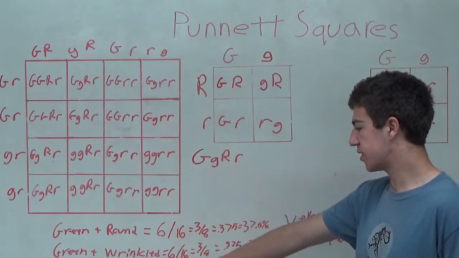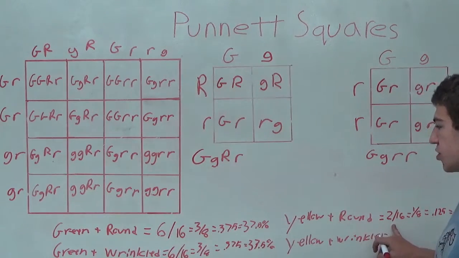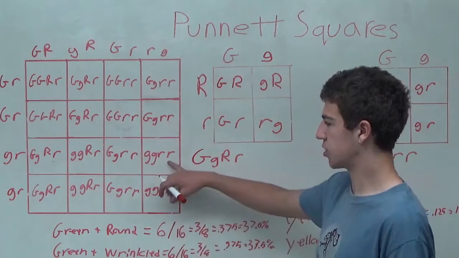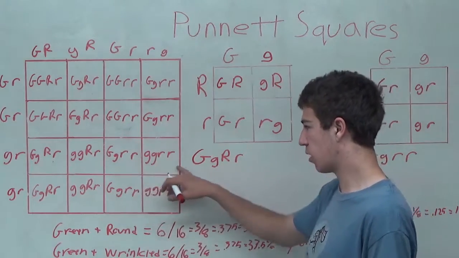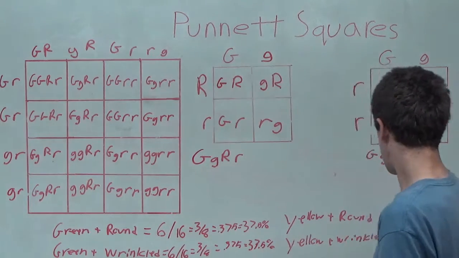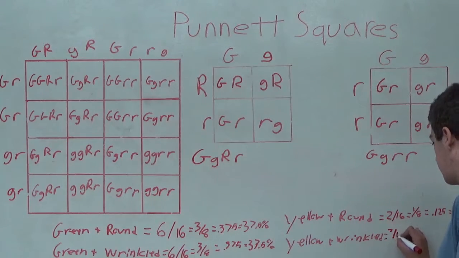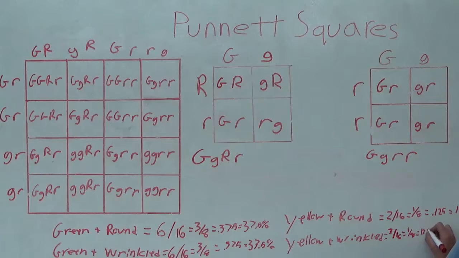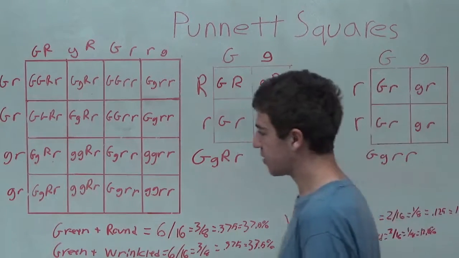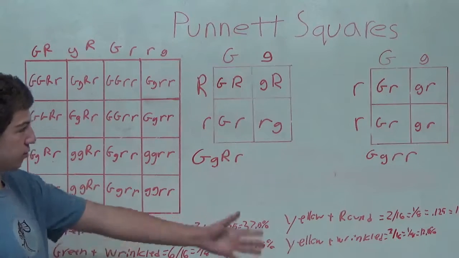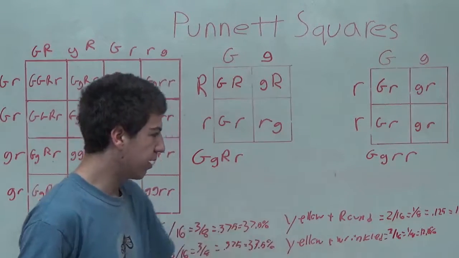So we've already used up 6, 6, and 2, which ends up with 14 out of 16, which means there are only 2 boxes left, which are shown right here and right here, because we're looking for 100% recessive alleles within the whole trait, which comes out to 2 over 16 again, which again simplifies to 1 over 8, which simplifies to 12.5%. So again, there's another 12.5% chance that it will result in yellow and wrinkled.